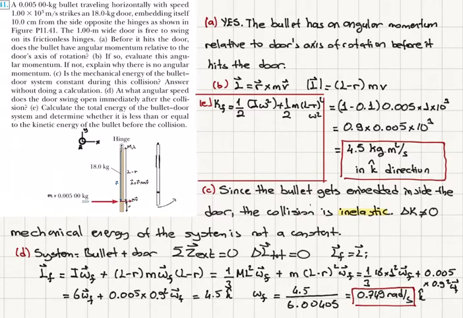I can think of this as a particle, mass of the bullet times L minus R squared, that's the moment of inertia, omega squared.